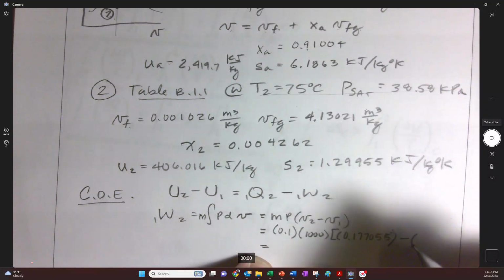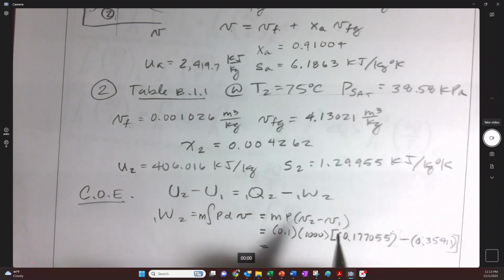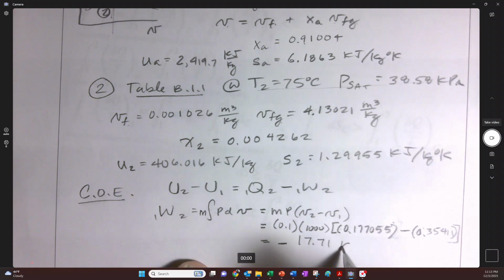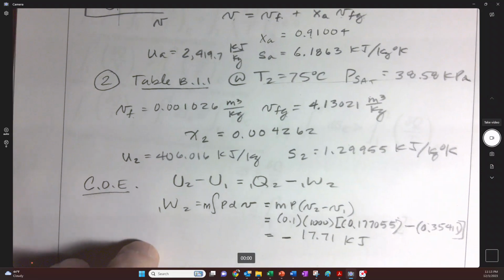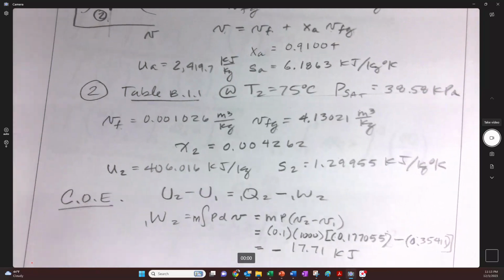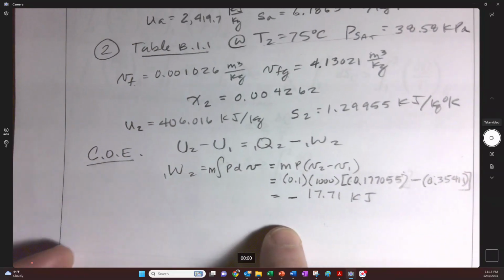V1, remember, was double it, right? I'm doing this so you can see the signs. I messed up. I feel bad now, but I won't feel bad for long because I'm going to go to bed soon. So this ends up being negative 17.71 kilojoules. Negative. Whoa, all right, okay, cool. So that must be there was work in, right? Work out should have been positive right there.